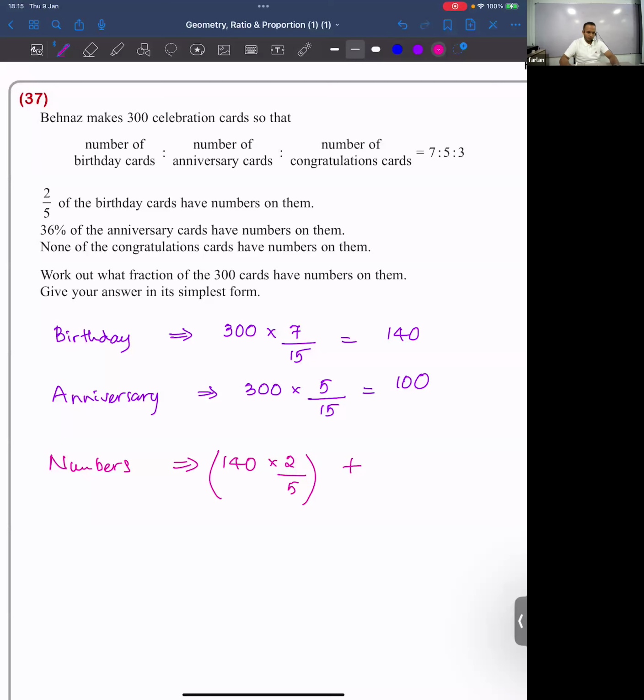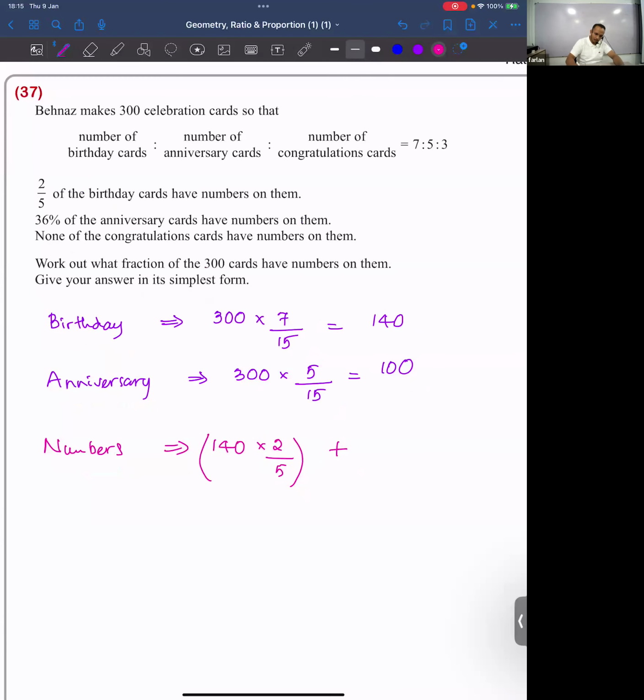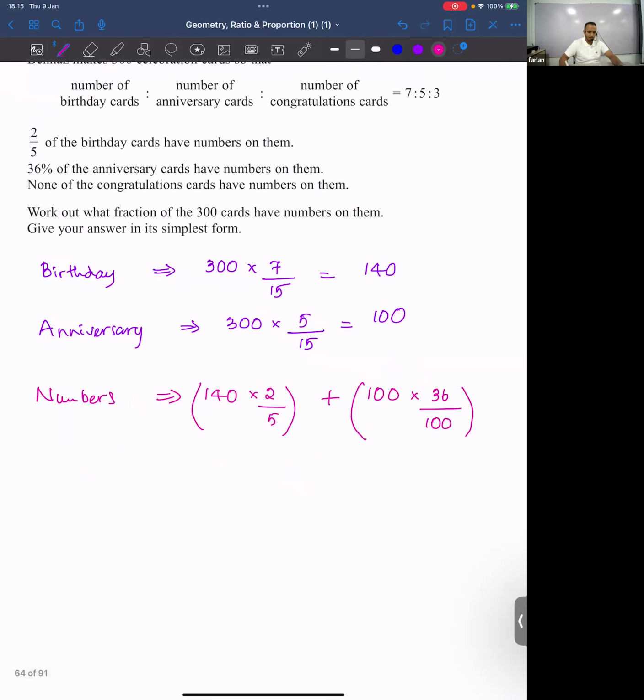Plus, from the anniversary cards, which is 100 cards, 100 into 36%. That is 100 into 36 over 100. And none of the congratulations cards have a number on them.